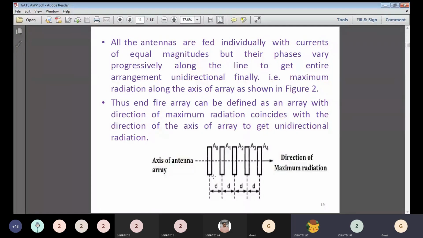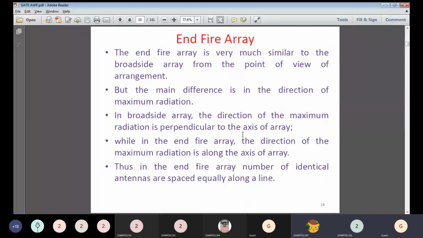It's going to be called end-fire antenna. Once again, we'll see what is end-fire. The end-fire array is very similar to the broadside array from the point of view of arrangement. But the main difference is the direction of maximum radiation. In broadside it is perpendicular, here it coincides with the antenna axis.